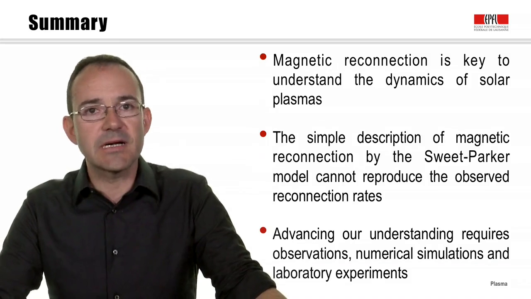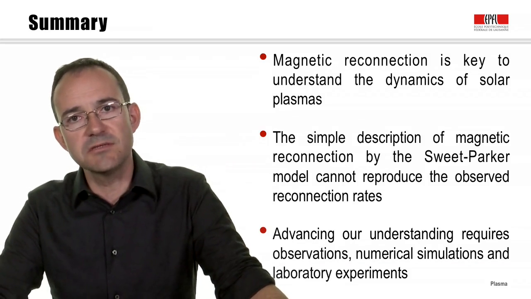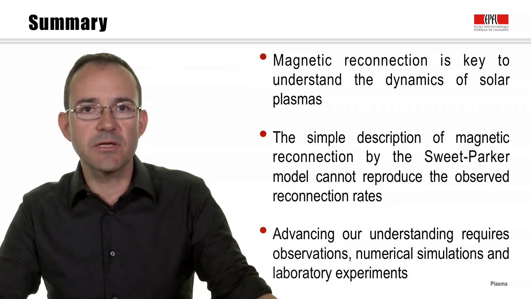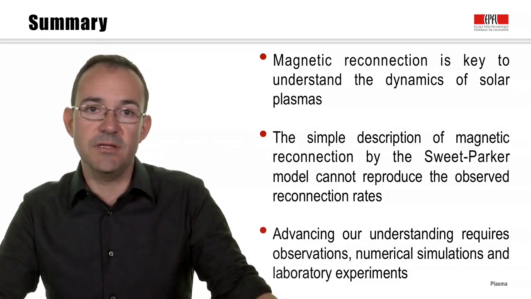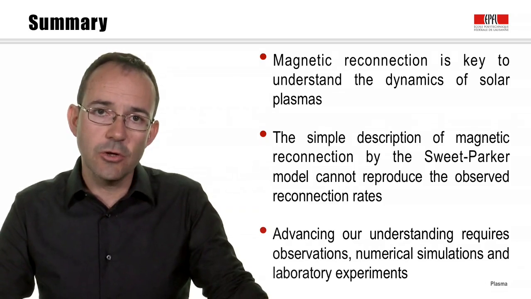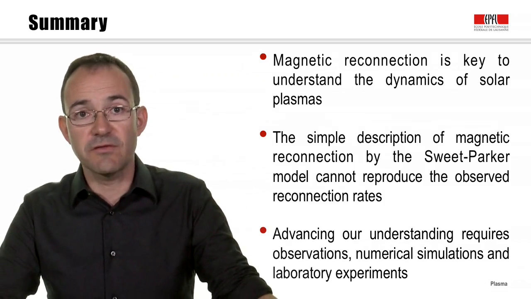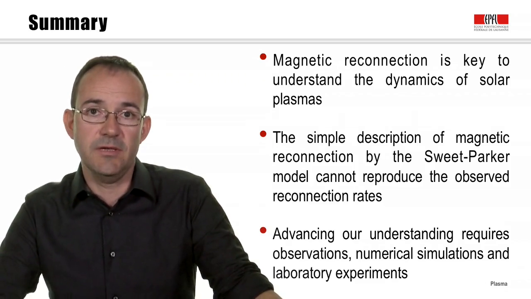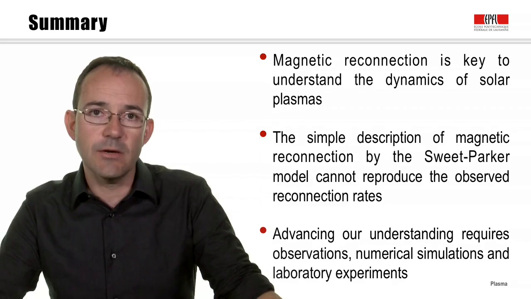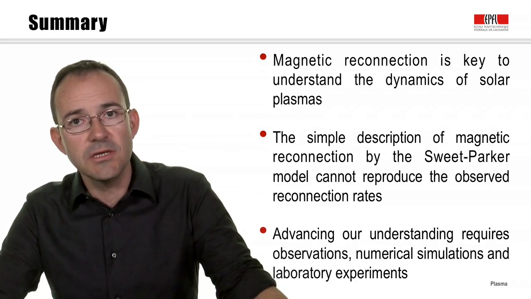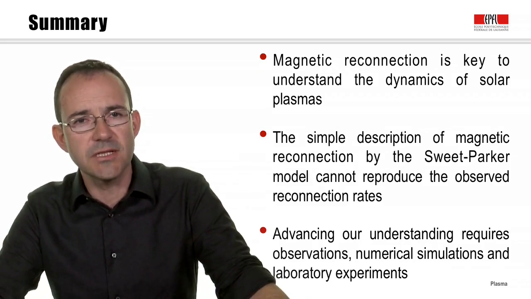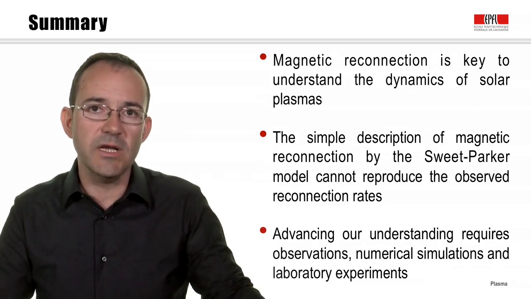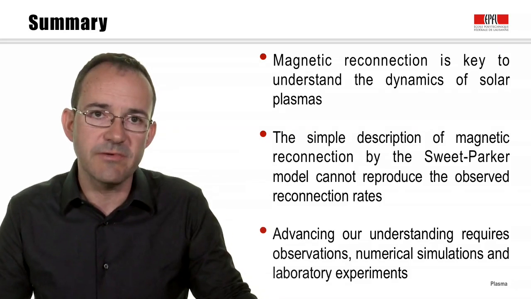Although the basics of magnetic reconnection can be captured by the simple two-dimensional Sweet-Parker model, its predictions of the reconnection time are not in agreement with the experimental data, which show much faster dynamics, for example, in coronal mass ejections or sawteeth in tokamaks. In the future, advancing our understanding of magnetic reconnection will require the use of observational data, sophisticated numerical simulation, and experiments in well-controlled and diagnosed laboratory devices.